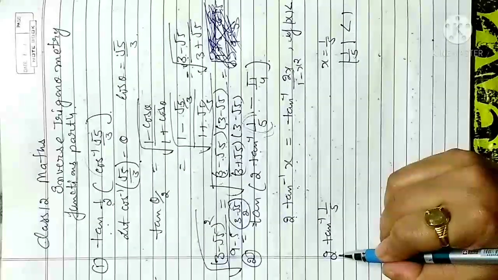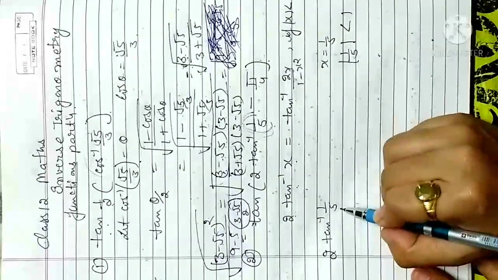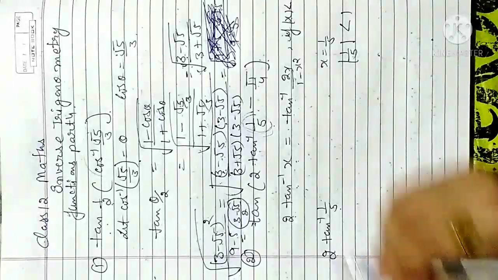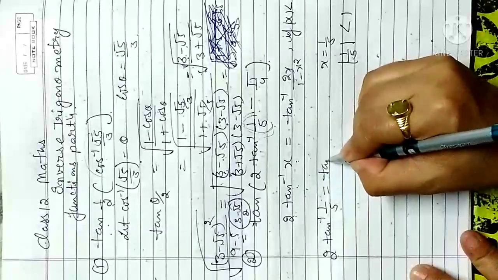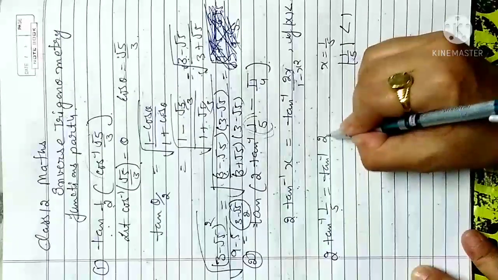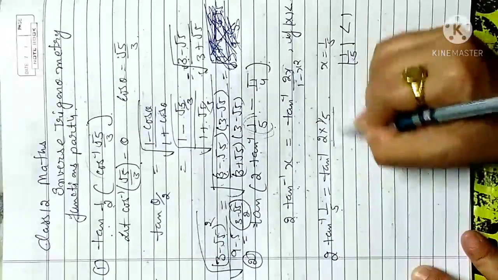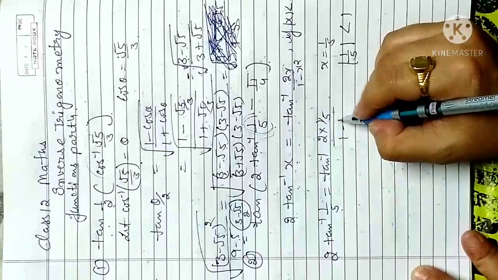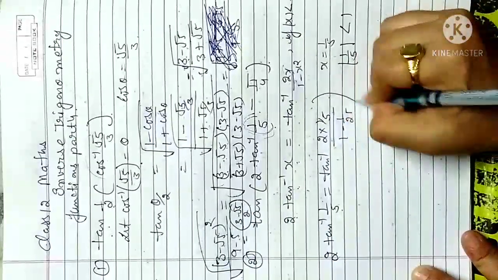First we will convert 2 tan⁻¹(1/5) according to this formula. That becomes tan⁻¹, replacing x with 1/5: (2 × 1/5)/(1 − (1/5)²), where (1/5)² is 1/25.